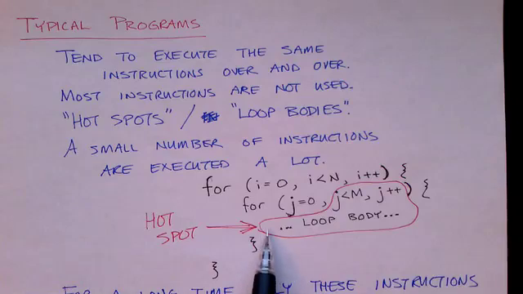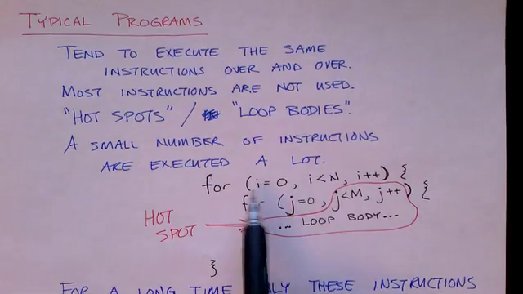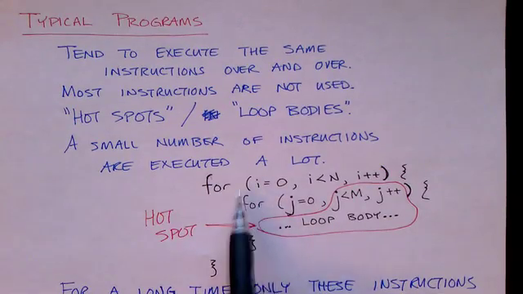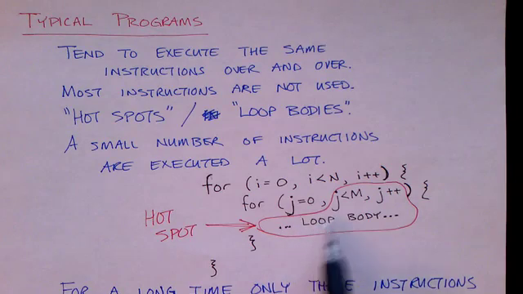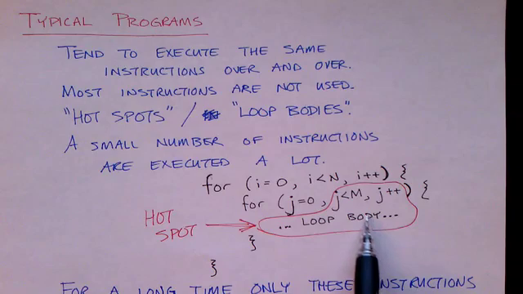And these loops tend to execute the same instructions over and over, and those are the instructions that are in the loop body. So here's a short example of a program that has two nested loops, and the inner loop has a body with some statements in it, and those statements are executed over and over the most.